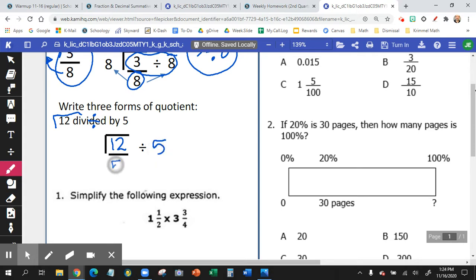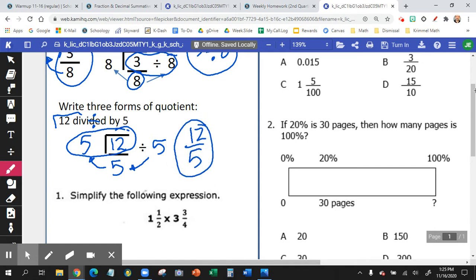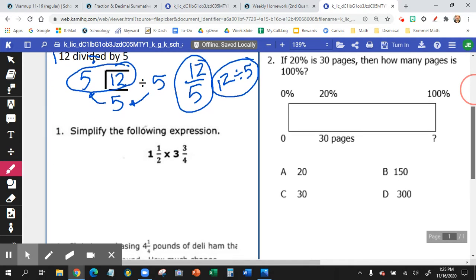In fraction form, 12 is going to go over 5, so we have 12 fifths. And then we also have 12 divided by 5 in expression or sentence form. We're going to try to use that going forward as far as three different forms, three different ways to write or represent a quotient.